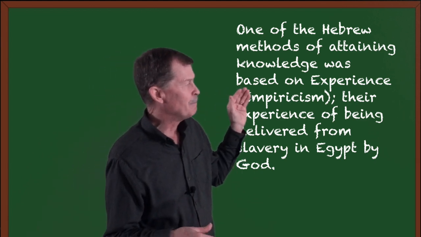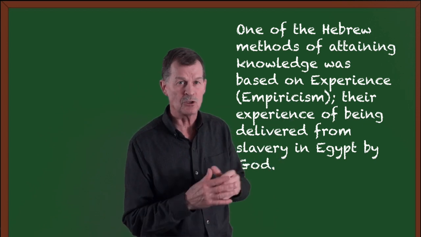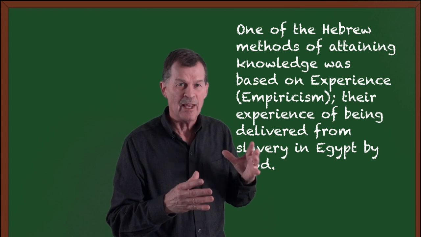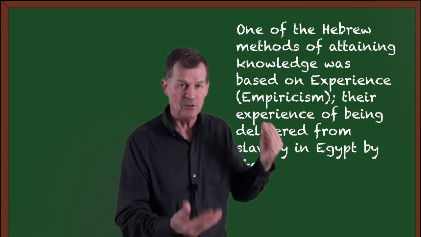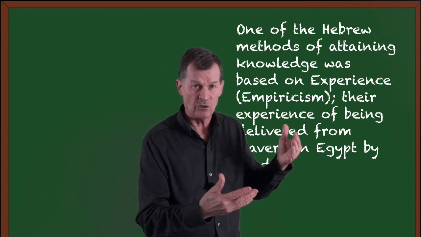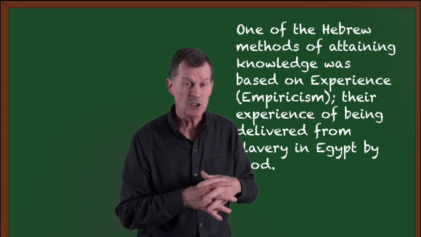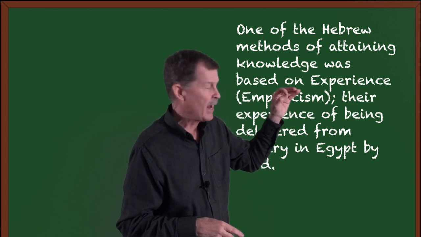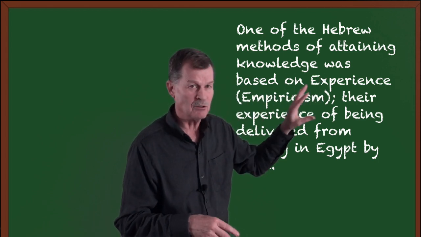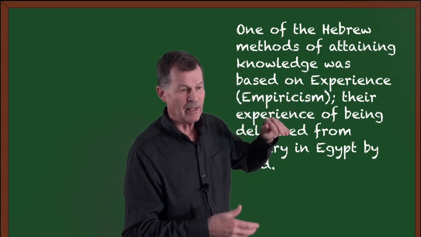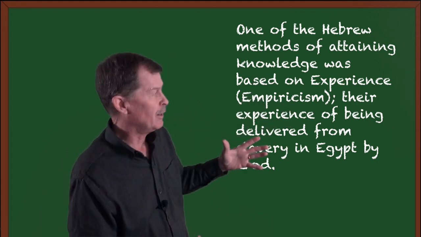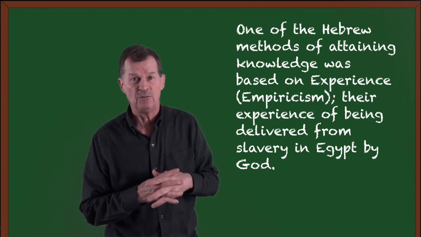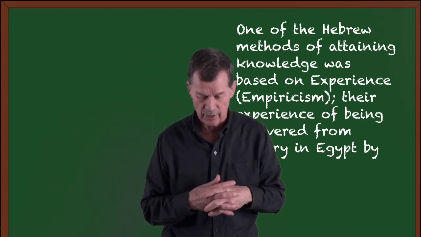For them, empiricism and experience were the attributes that affirmed the faithfulness of their source of reliable knowledge, which was God. So God was the source, and empiricism or experience is what ratified or confirmed that God is faithful. God is trustworthy.